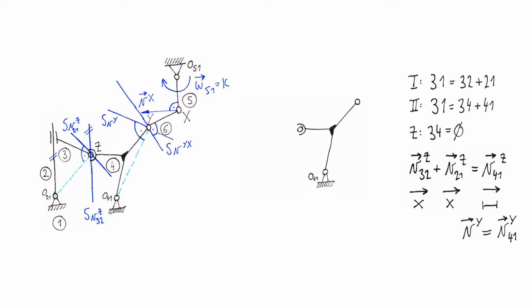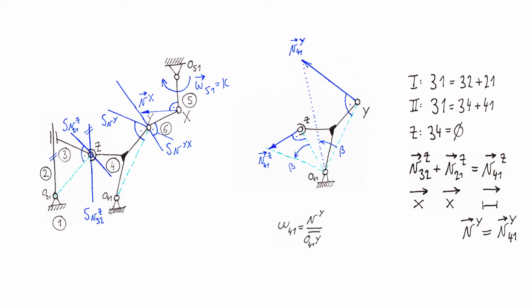So graphically, we know its motion in point y, and we can transfer that motion to point z, or we can calculate it numerically by finding omega 4-1, the angular velocity of body number 4 with respect to the frame, and we can get it from the velocity in point y and recalculate it for the point z. So both possibilities are valid.